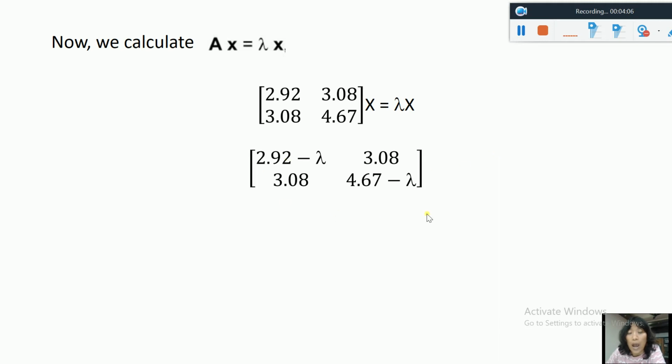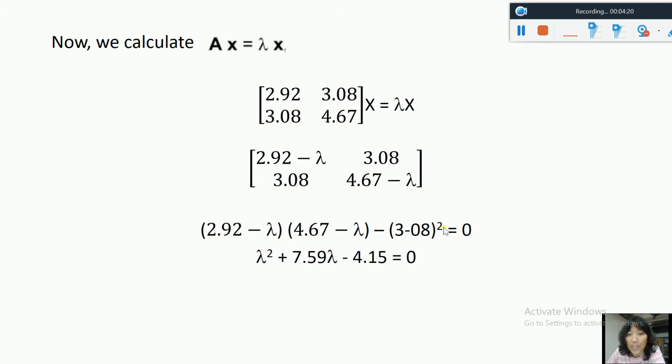Now after solving this, the determinant I got is 2.92 minus lambda, 3.08, 3.08 and 4.67 minus lambda. So the equation from this determinant is (2.92 minus lambda)(4.67 minus lambda) minus 3.08 whole square, where I get this equation.